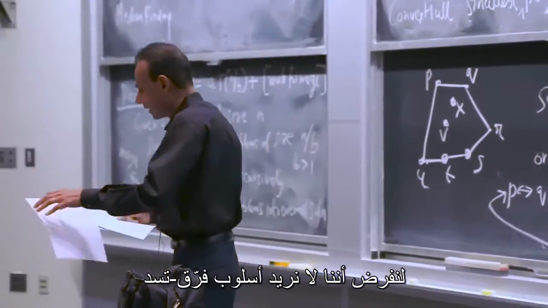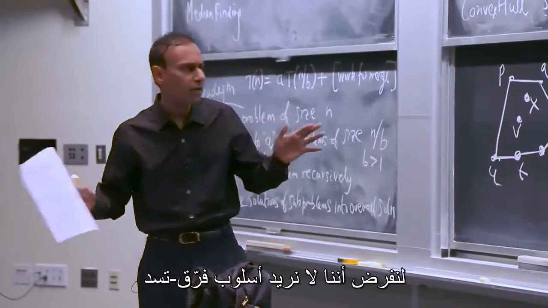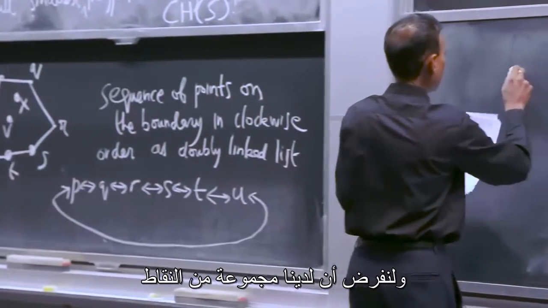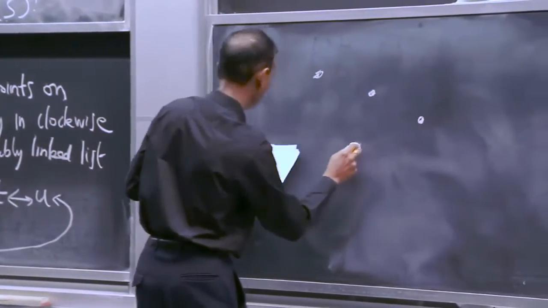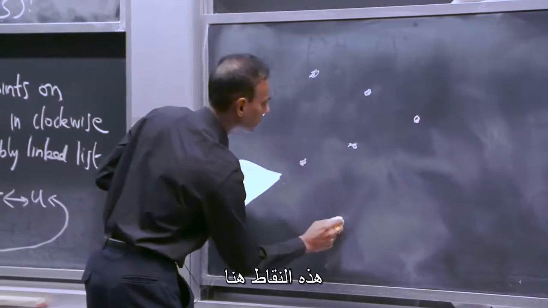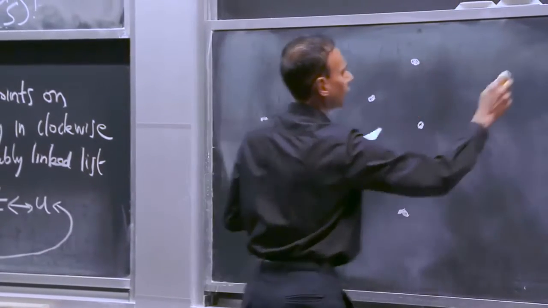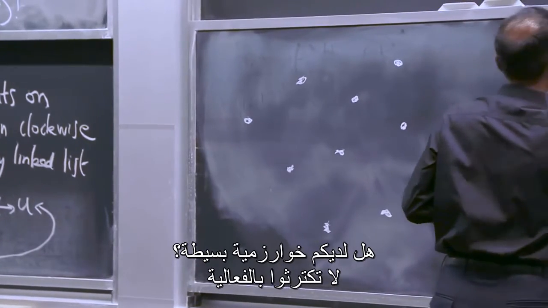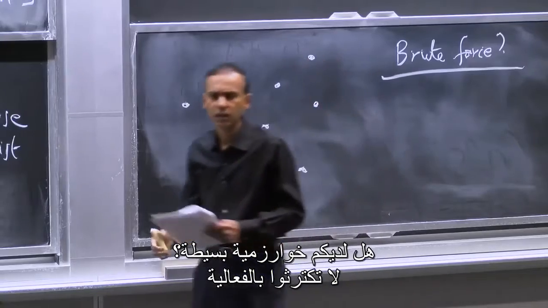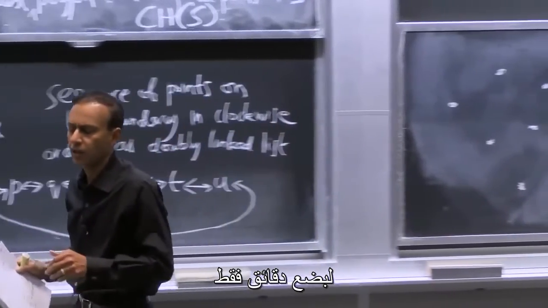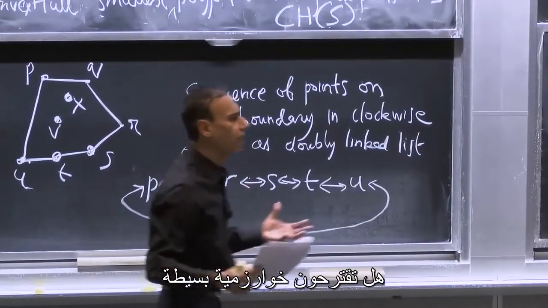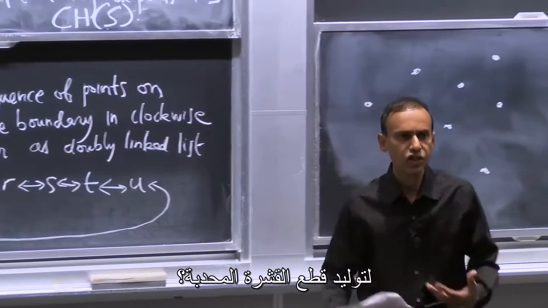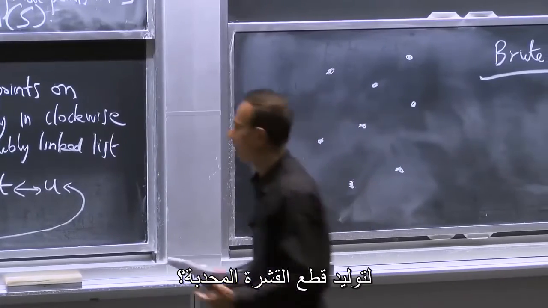So let's say that we didn't care about divide and conquer just for the heck of it. And I gave you a bunch of points over here. Can you think of a simple algorithm, forget efficiency for just a couple of minutes, that would generate the segments of the convex hull?